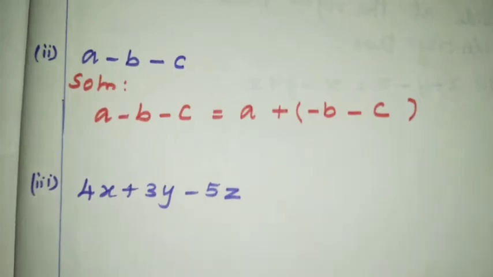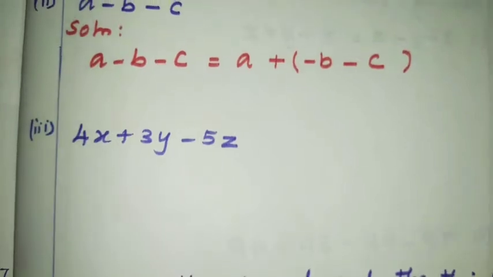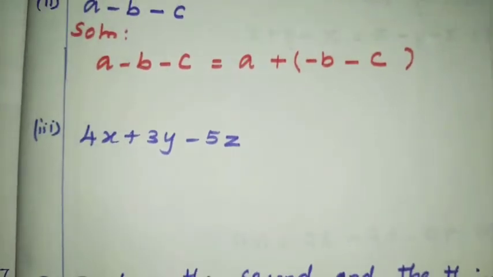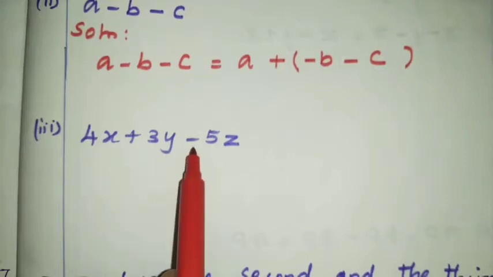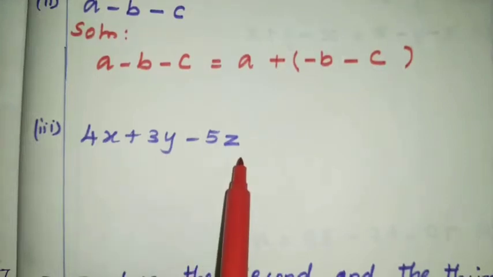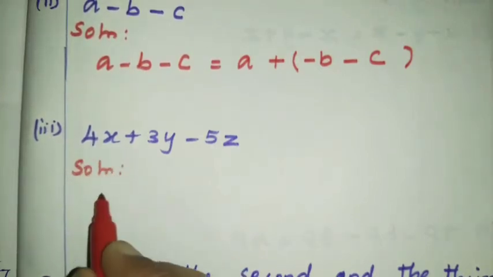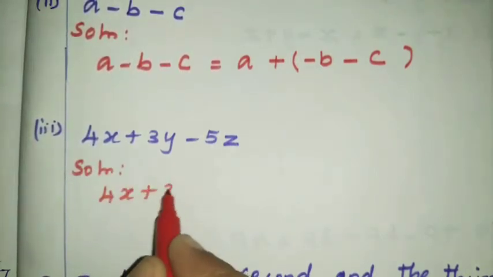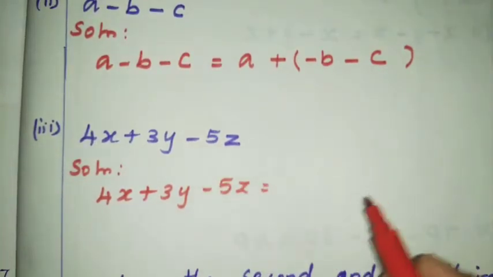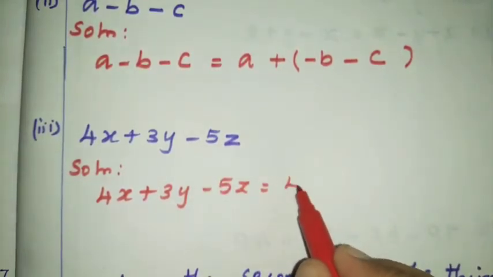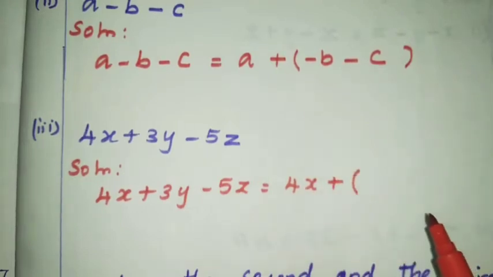The next one is 4x plus 3y minus 5z. Here what is the second term? Yes, well done. 3y is the second term. Minus 5z is the third term. The same method: 4x plus 3y minus 5z, which is equal to, first term is 4x, then before the bracket there is a positive sign.